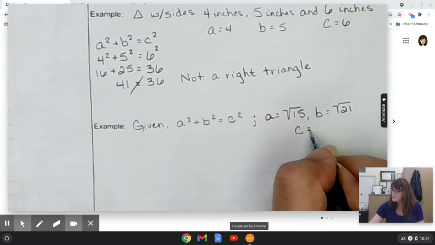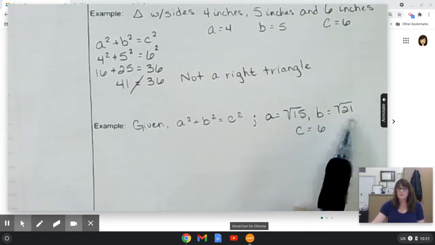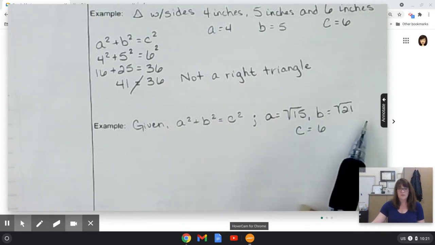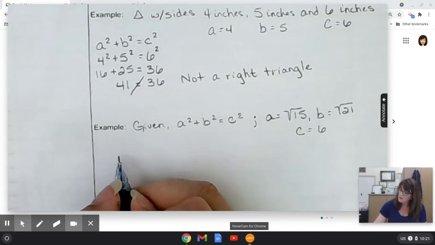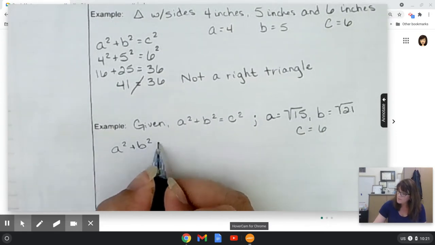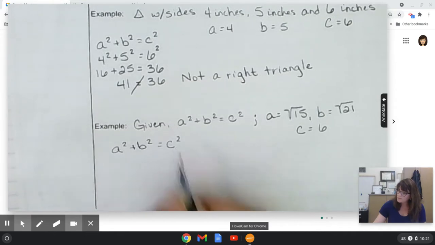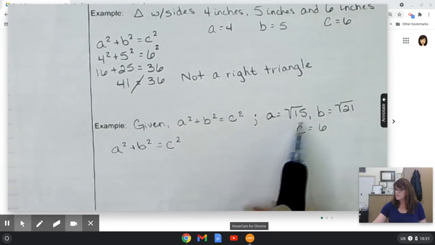And C equals 6. Now we also know both of these are like decimally crazy numbers. Watch what we can do. A squared plus B squared equals C squared. Just write down the formula every single time. Now we're going to evaluate the equation with these values.